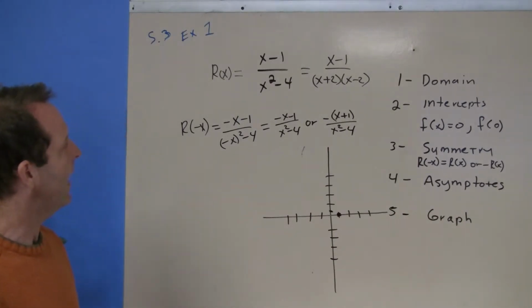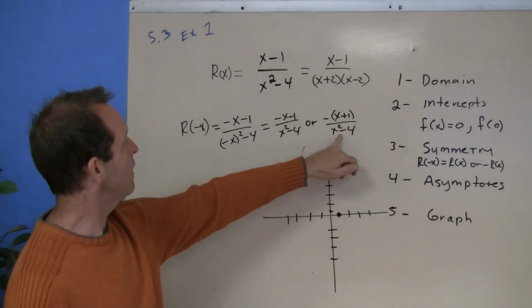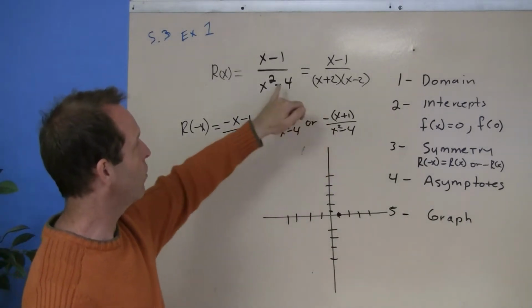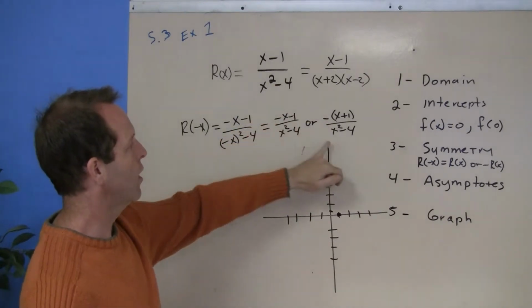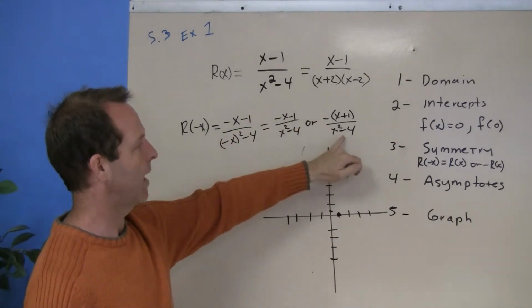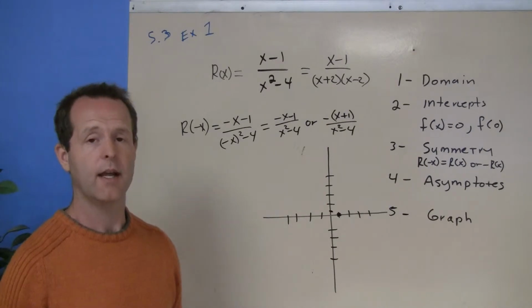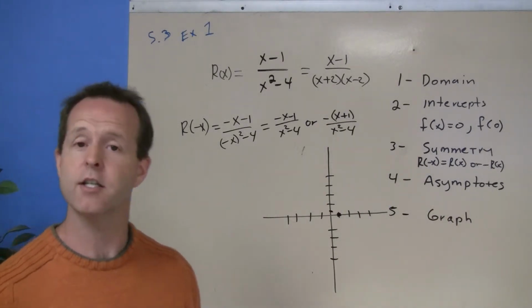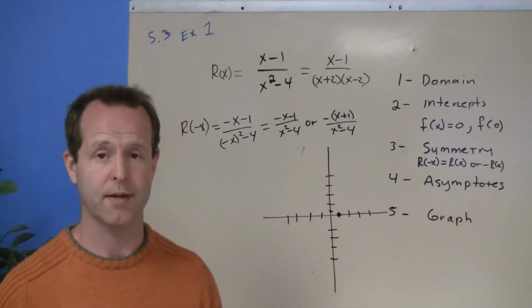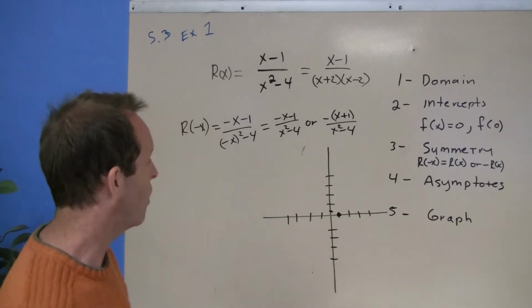And evaluating it at that, I see that this function is neither my original function, r of x, nor is it negative my original function, r of x. And so because of that, I see that there is no symmetry with respect to either the y-axis or the origin.